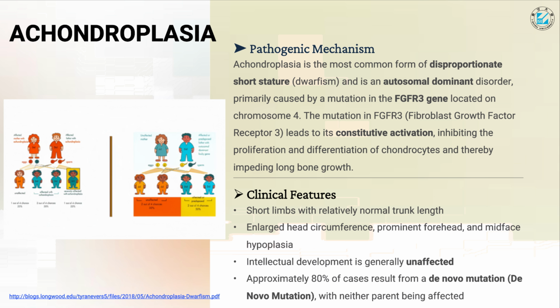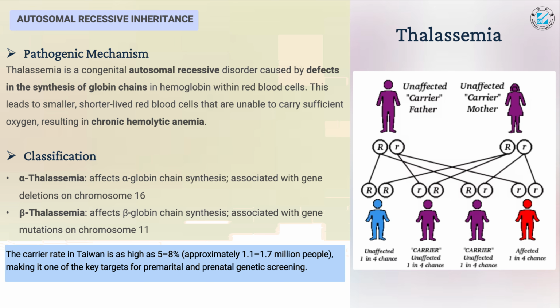There are two major types, alpha thalassemia and beta thalassemia. Clinically, patients may present with anemia, fatigue, pallor, jaundice, enlarged spleen, and in several cases, growth retardation and bone deformation.